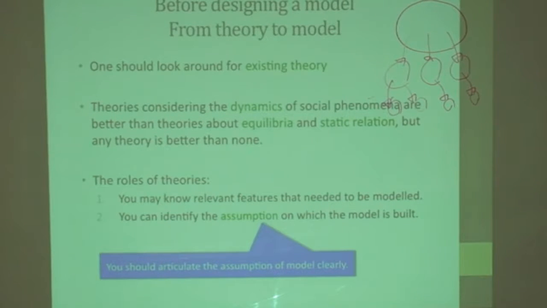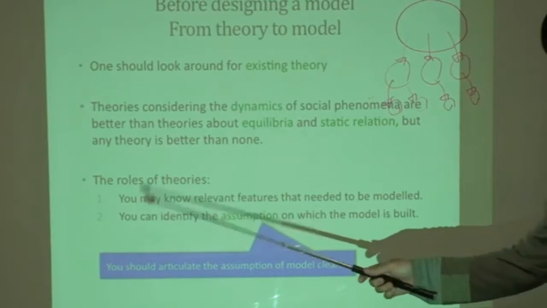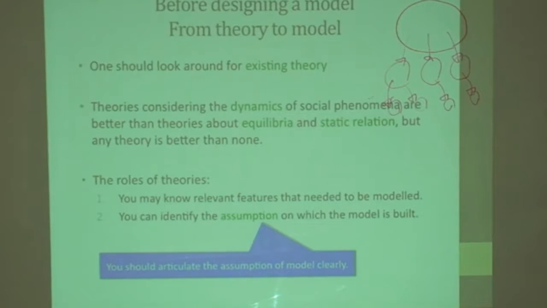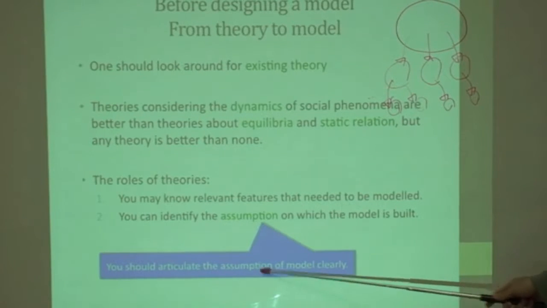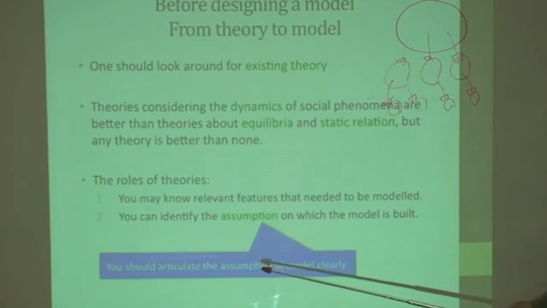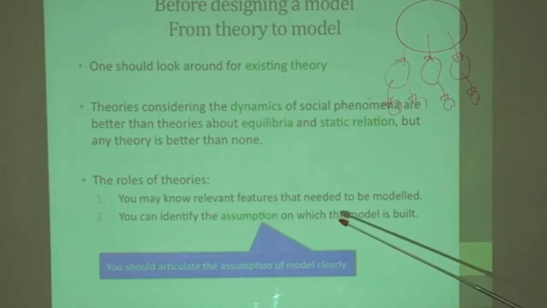First, you may know relevant features that need to be modeled. Second, you can identify the assumptions on which the model is built. Note that you should articulate the assumptions of the model clearly when you are making the model.